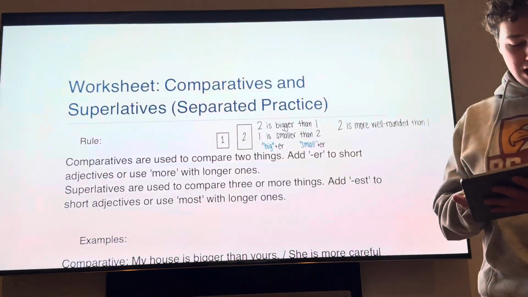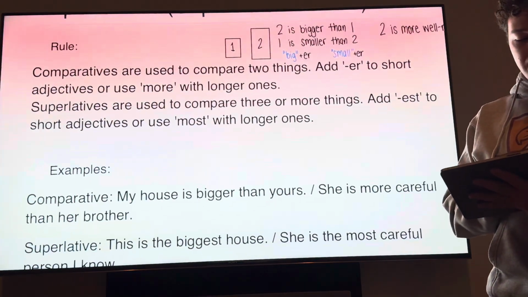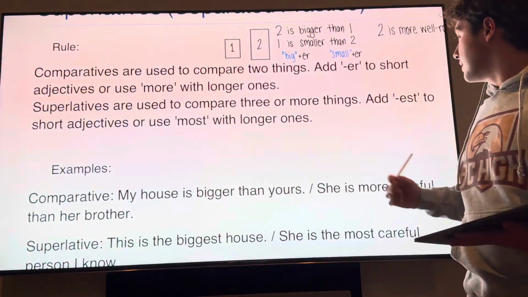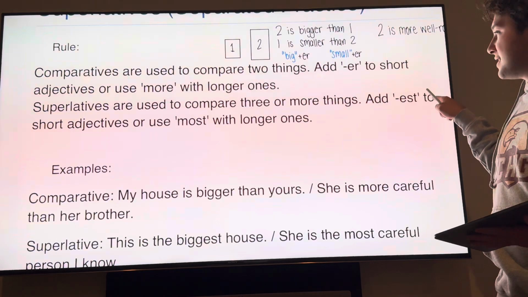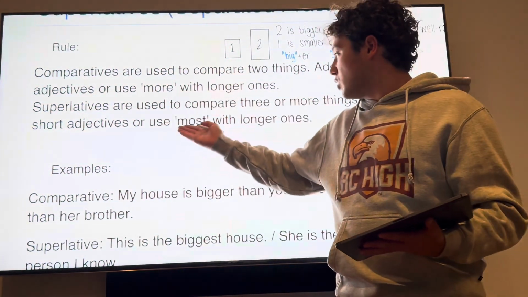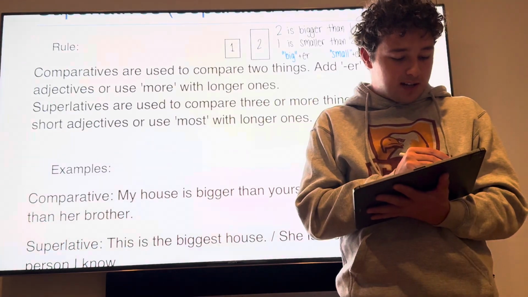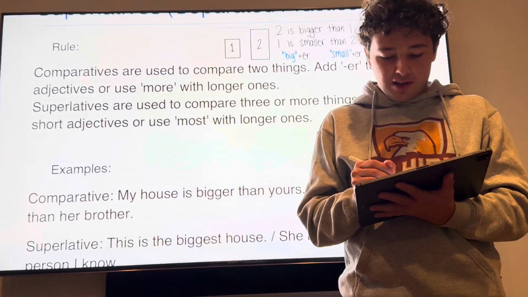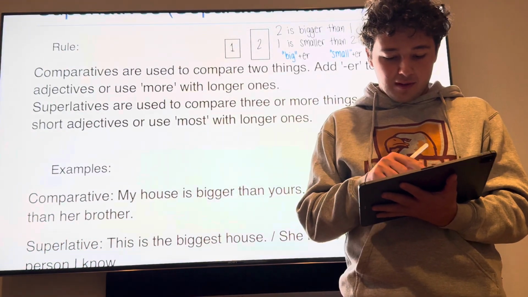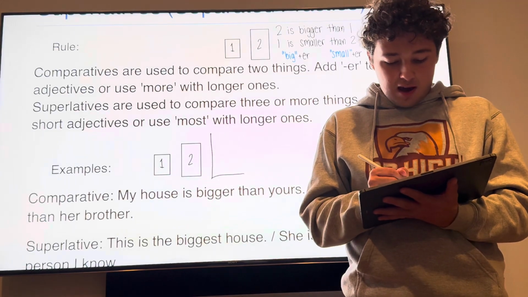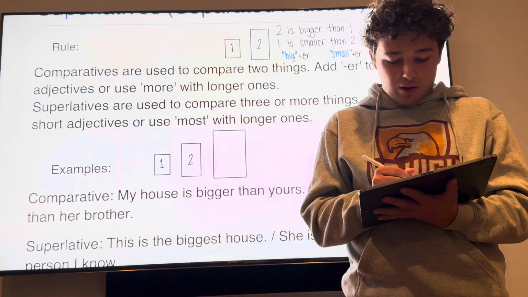Okay, continuing on, superlatives are usually used to compare 3 or more things. You add EST to short adjectives or most with longer ones. So let's bring down our squares again. We've got our 2 squares. We have now a 3rd square here.